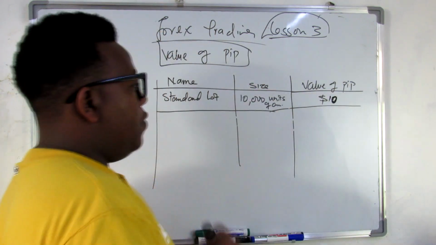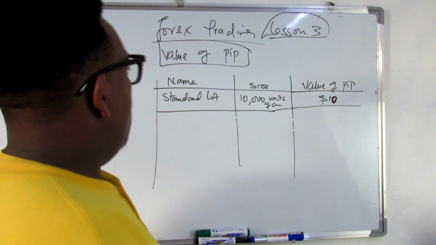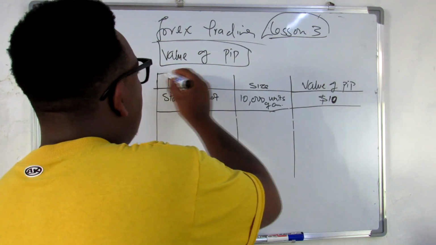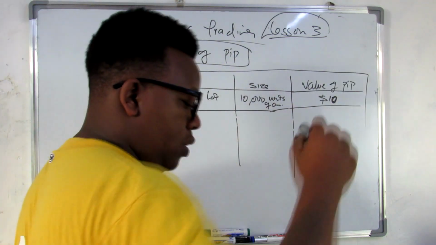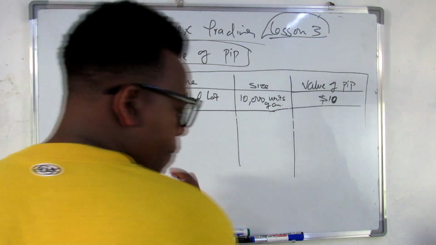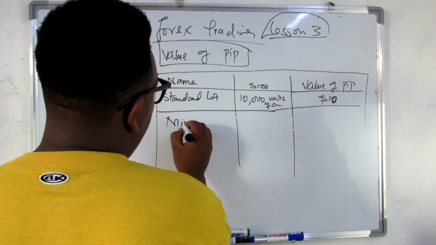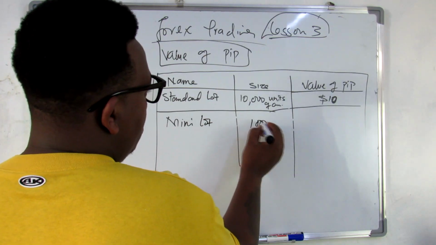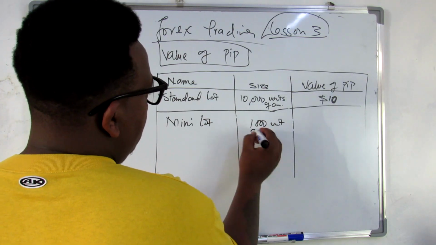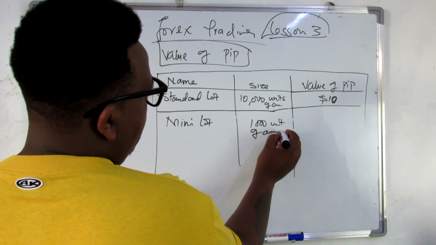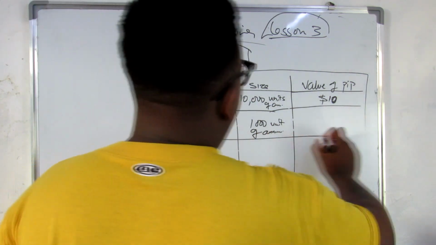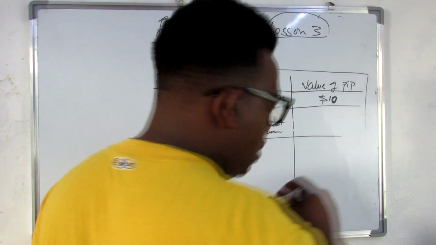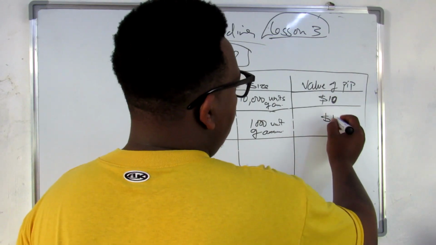Let's proceed to the next one, which is the mini lot. With the mini lot, the value is usually 1,000 units of currency, and the value of this mini lot is usually $1.